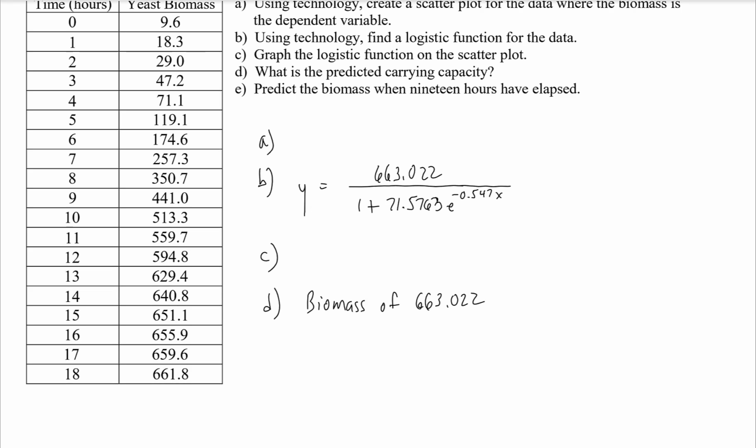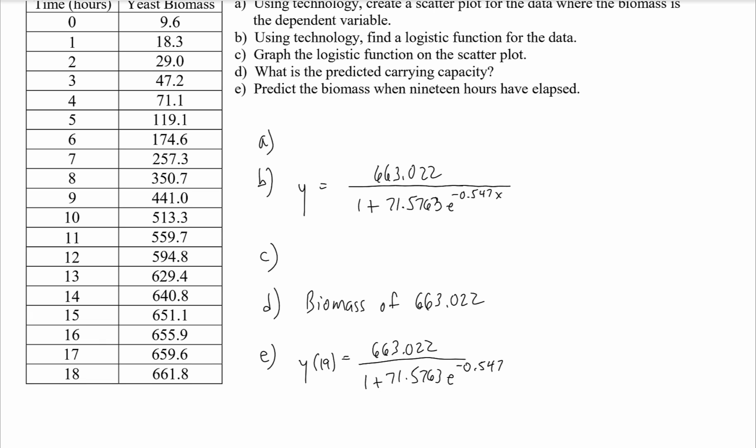E, predict the biomass when 19 hours have elapsed. Okay, so Y with 19 plugged into it. We can handle that. That's what calculators are good for. Plug a 19 into that, and let's see what we get.